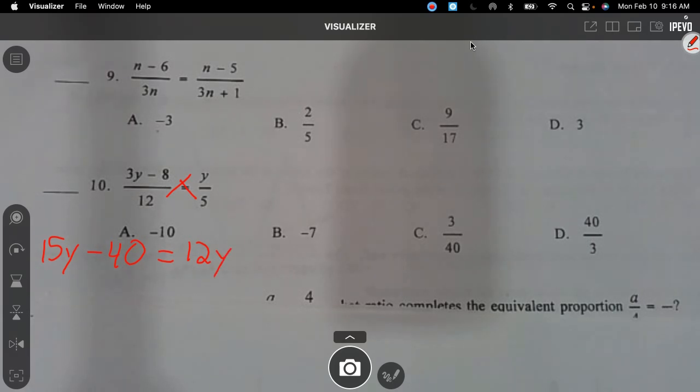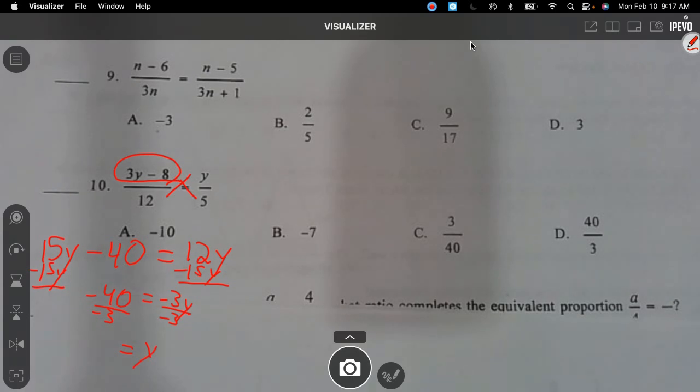Okay, did y'all need me to set it up since there weren't multiple things other than this one right here? I didn't set it up like the last one. So then I would just move my 15y. Normally I would move my 12y, but then there's nothing over there. So I'll just subtract 15y from both sides. So I get -3, and then I'll divide by -3.